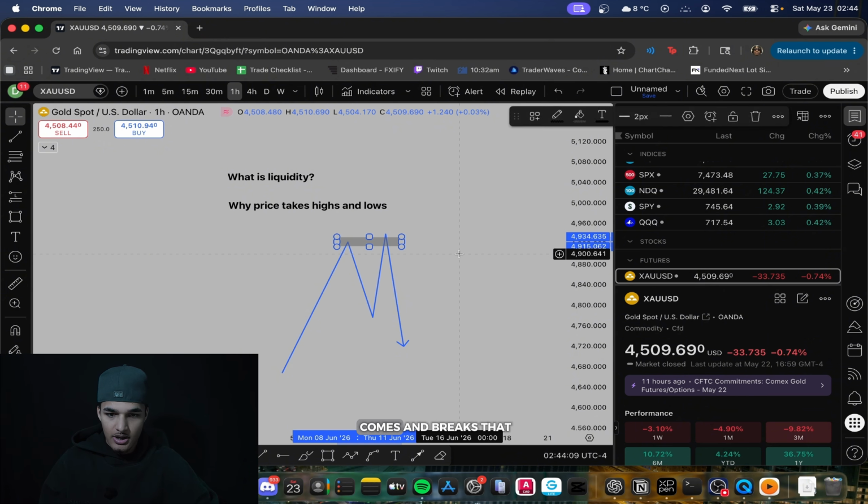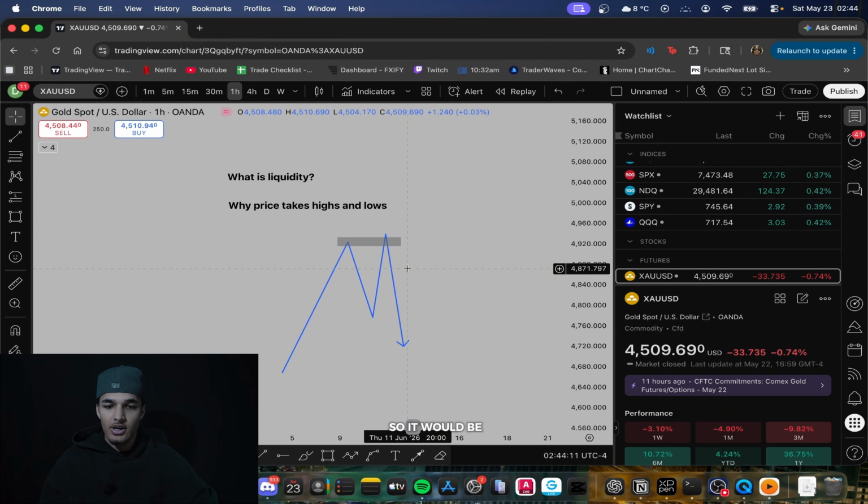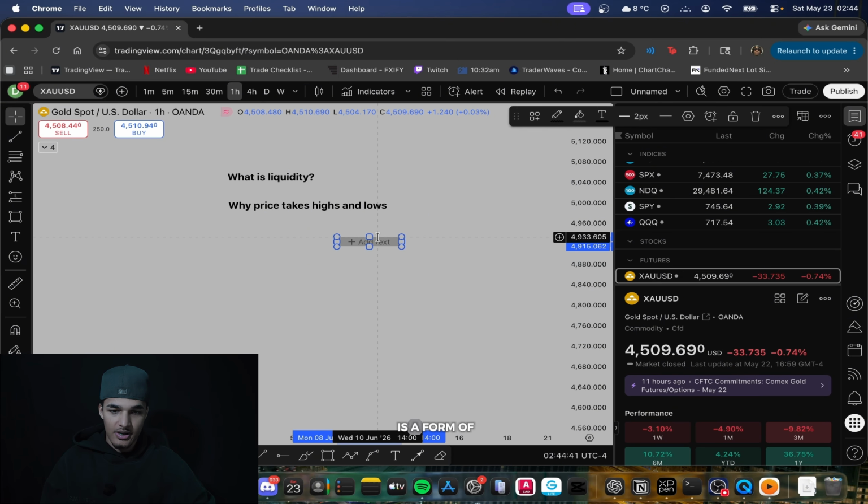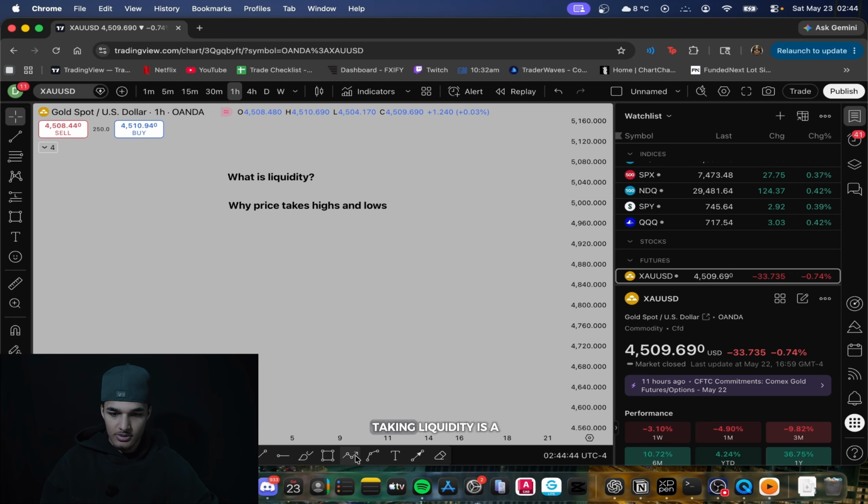Now, when price comes and breaks that, it would be taking a lot of stop losses, so it has a lot of capital. These institutions have a lot of capital to make a move to the other side. So that whole move of price going up is just to grab liquidity for a move to the downside.